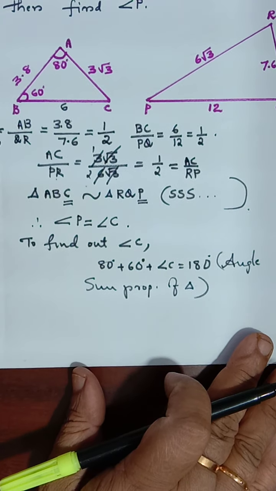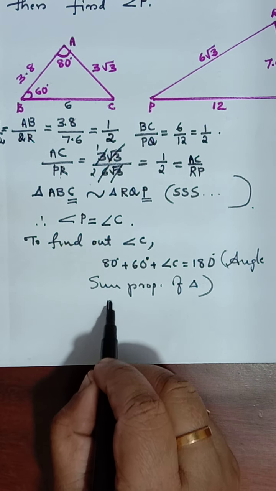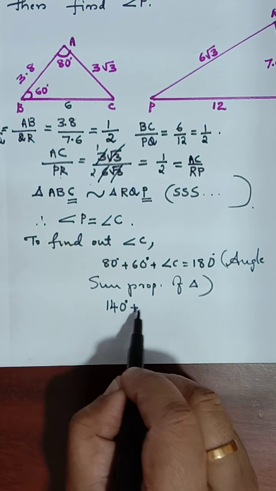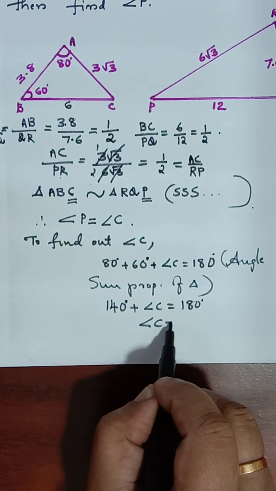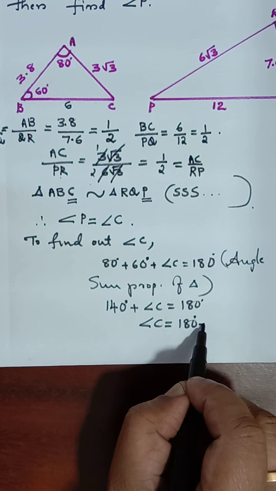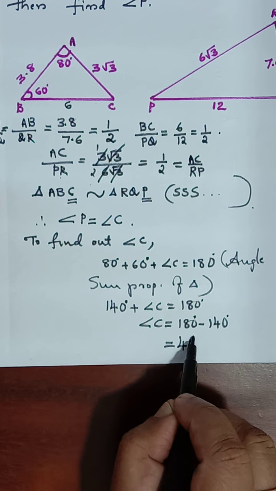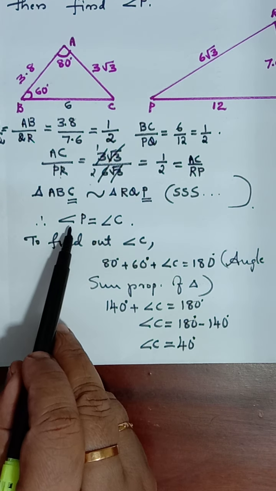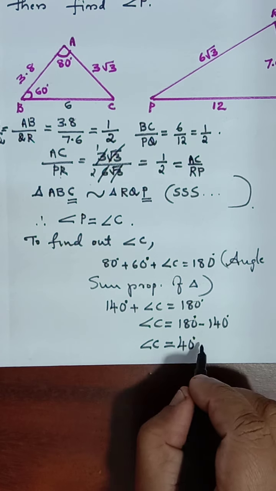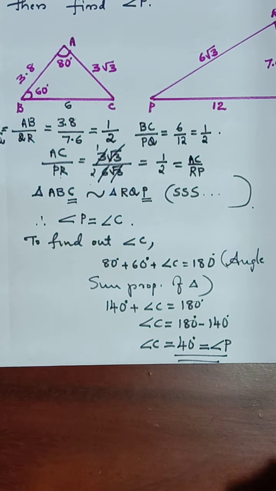That is how we write. Okay. So 80 plus 60 is 140 degrees, plus angle C is equal to 180 degrees. Therefore, angle C is equal to 180 degrees minus 140 degrees, that is equal to 40 degrees. That angle C is same as angle P, which is to be found out. This is our answer. Hope you understood.